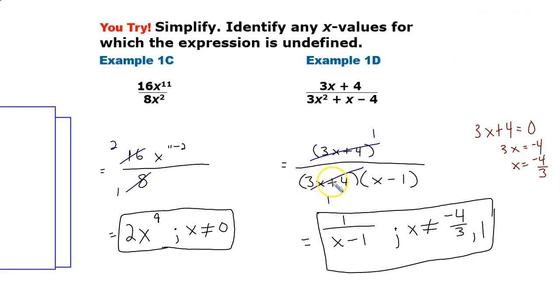If I plug negative 4/3 in here, or if I plugged it in up at the beginning, I would end up with a divide by 0 error, and that would be bad. And then I could do the same thing for x minus 1, set it equal to 0. I get x equals positive 1. These are my two excluded values. These are the things that x cannot be, because if they were available for x values, it would cause a divide by 0 error.